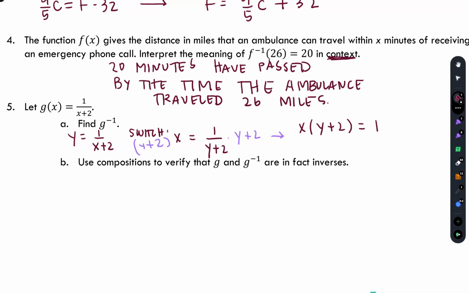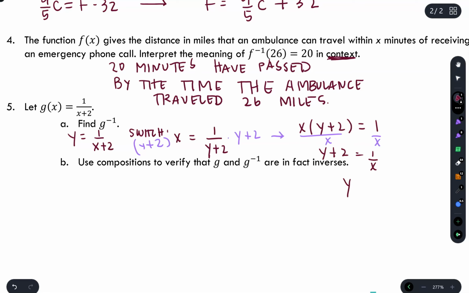So I'm solving for y. So what is going to be the best thing to do now? Divide by x. Awesome. And then I will do what? Minus my 2. So 1 over x minus 2. So this is my inverse function.